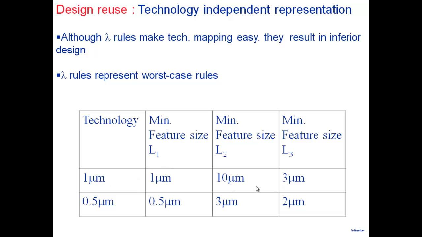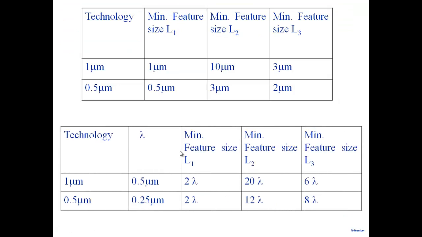These are all minimum dimensions. And for technology 0.5 micron, let's say the dimensions are 0.5, 3, and 2. If you want to construct a set of design rules such that the design is valid for this as well as this, then in terms of lambda, if I take lambda 0.5, these are the rules, and if lambda is 0.25, then these become the rules.